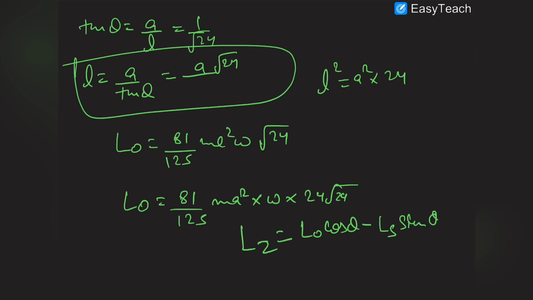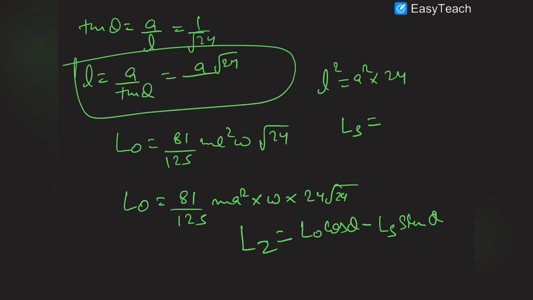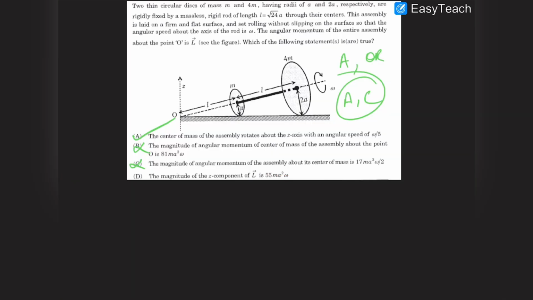And LS we have already calculated that LS is equal to 17 by 2 ma square omega. And LO we have calculated this. So if you substitute these values here, then the answer would not be equal to 55 ma square omega. So D is also incorrect.